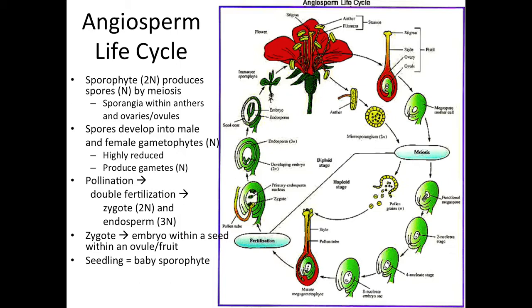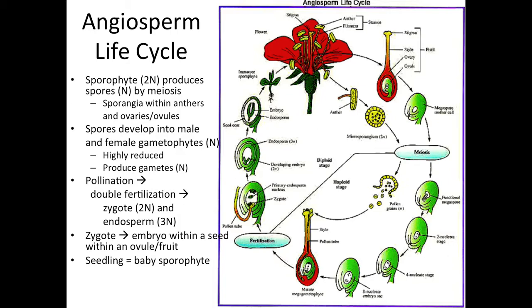The sporangia are part of the sporophyte body, and within that sporangia, meiosis occurs. Meiosis is the process where the diploid cells divide to become 4 haploid cells. So meiosis is the process that brings the diploid body into the haploid generation.